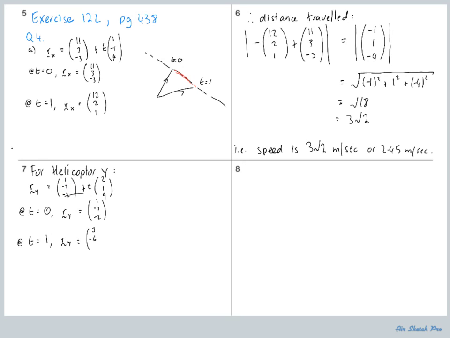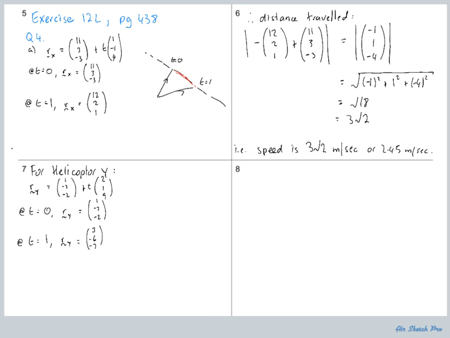And we've got minus 2 plus 9, which is equal to negative 7. Let's get rid of that little dot there so it's not confusing. Okay, so that's our two position vectors, I suppose, over the course of 1 second.